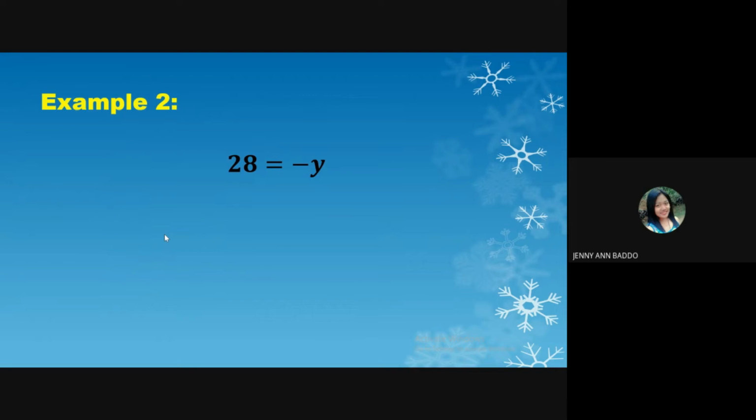We can multiply or divide that number by negative 1. Let us have multiplication of both sides by negative 1. So we have negative 1 times 28, that's negative 28, and negative y times negative 1 is y. Therefore, y equals negative 28.